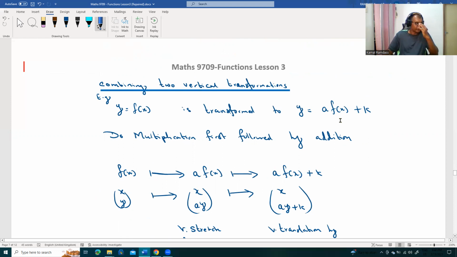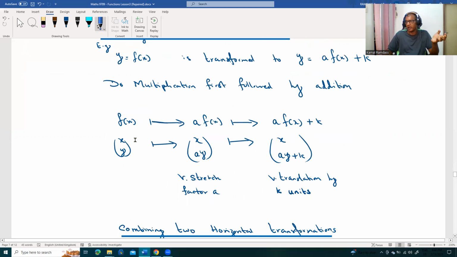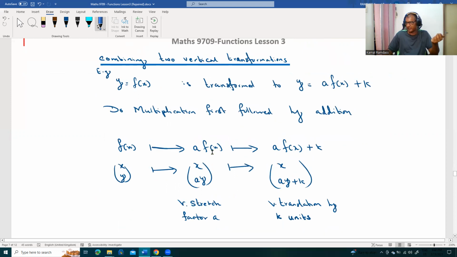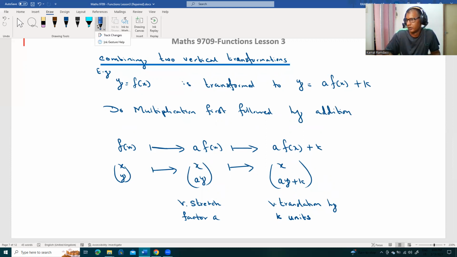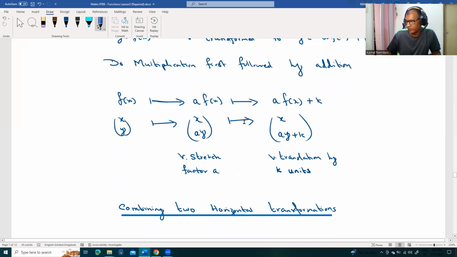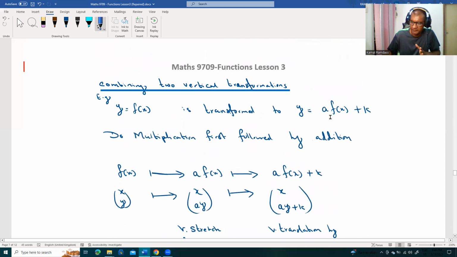We use the normal arithmetic order, BODMAS: do the multiplication first, then the addition. So f(x) is mapped onto a f(x), and a f(x) is mapped onto a f(x) + k. A general point (x, y) on f(x): x stays the same, but y is multiplied by a. Because it is vertical, x stays the same, and y is mapped onto ay + k. So in this case we do multiplication, then addition.